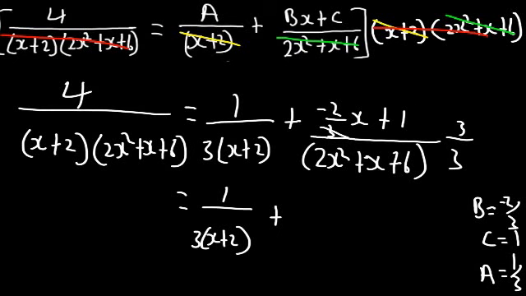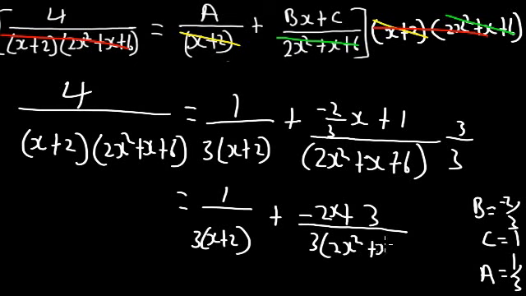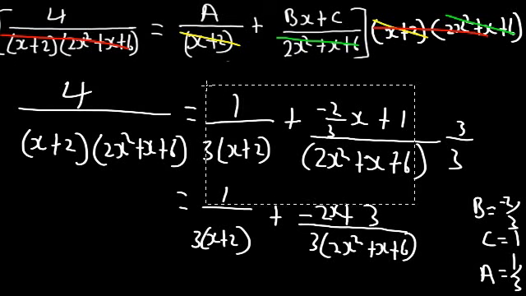And now we have negative 2x plus 3, the 2x and c, divided by 3 in the bracket of 2x squared plus x plus 6. This minus won't turn this to minus, be careful. So finally, final answer should be this.